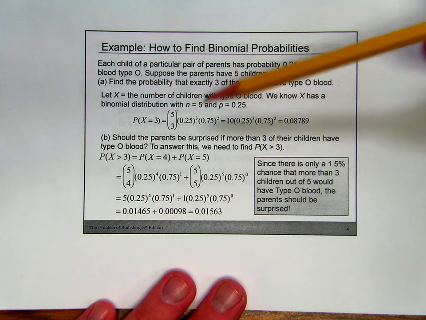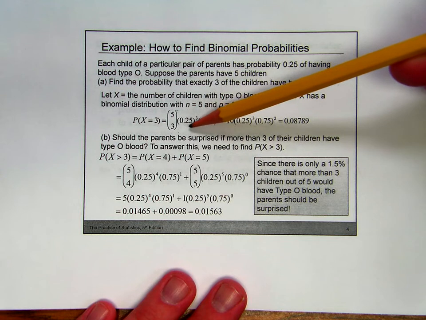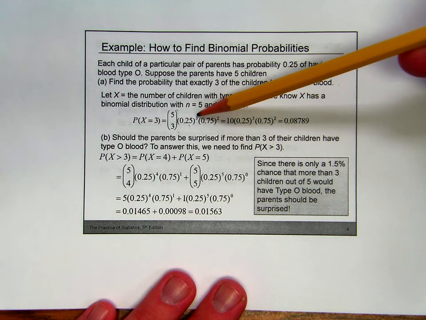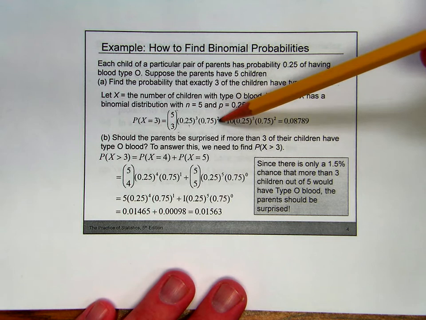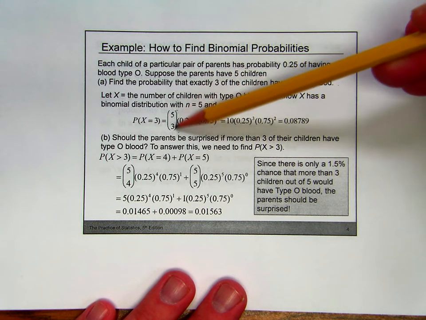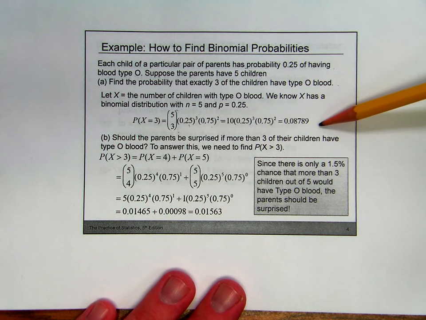We're interested in 3 successes. That's the K. The probability of success is 0.25, happening 3 times. Probability of failure is 0.75, that's happening twice. This tells us all the possible combinations of which ones are the successes, which ones are the failures. So a little less than a 9% chance of that occurring.